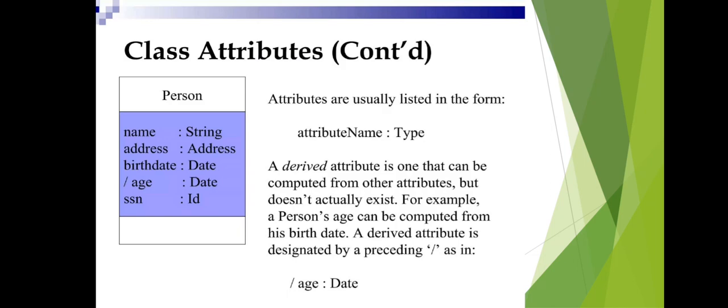What is a derived attribute? A derived attribute is one that can be computed from other attributes. For example, the age of a person is computed from the birth date. Once we know the birth date of the person, we can compute the age.